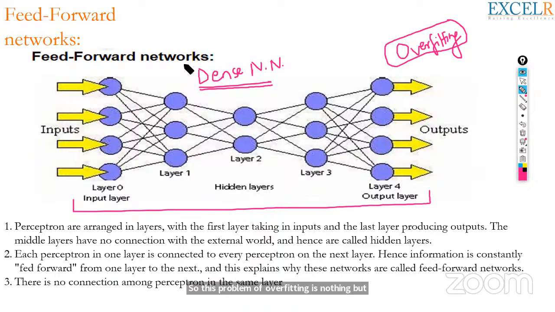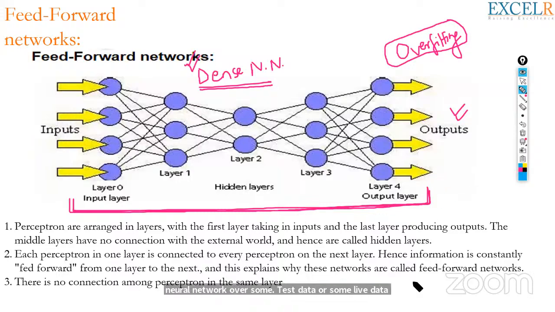If you're using a dense kind of neural network, when you are training this model, at that time, this kind of neural network will perform very well. But when you are applying this model over some test data or some live data, this neural network will fail.